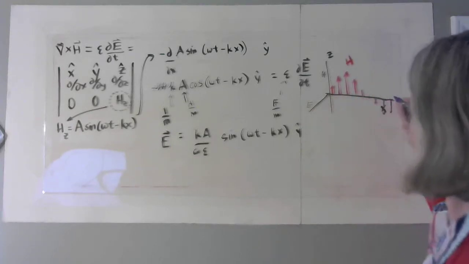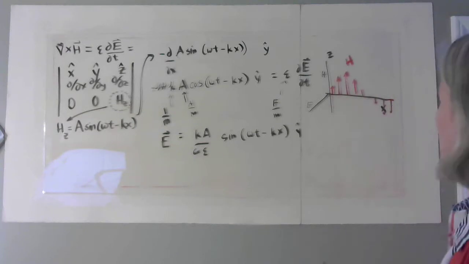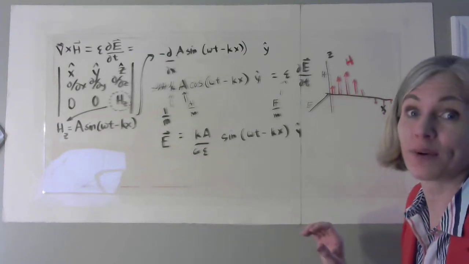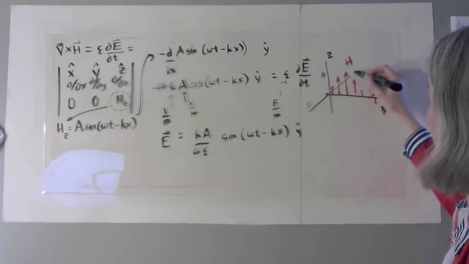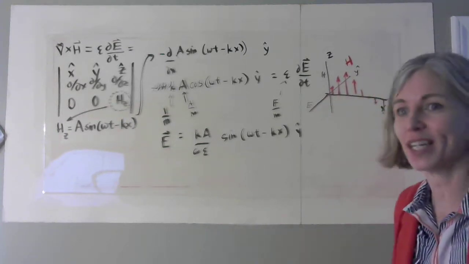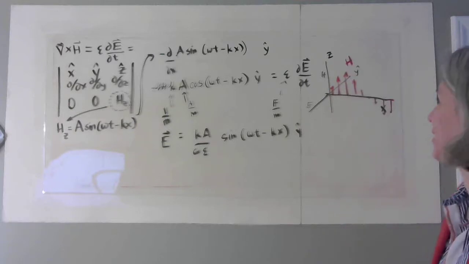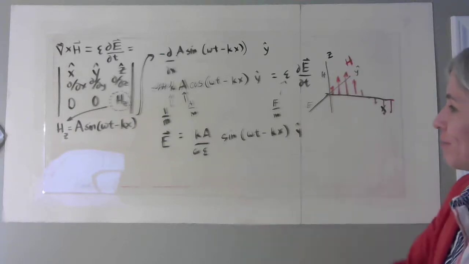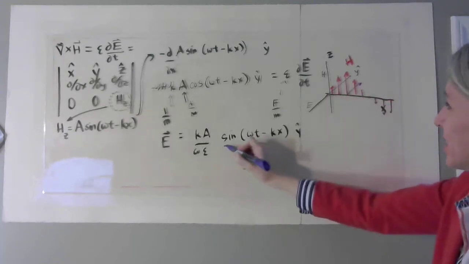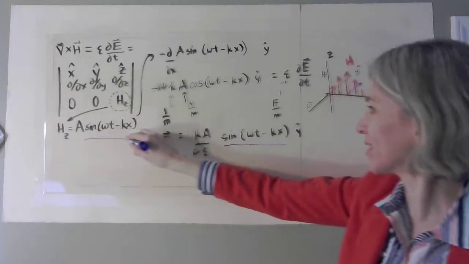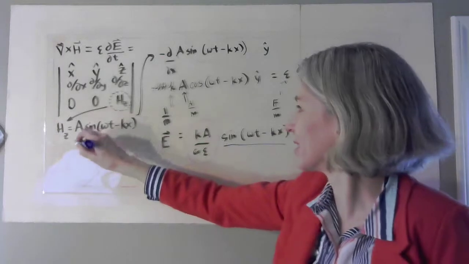We have to think about, okay, we got plus x. If you want a right-handed coordinate system, your y-axis has to be plus back in this direction. Okay, x cross y equals z. So I have to draw my electric field back this way. Okay, sine(omega t minus kx) up to some amplitude.